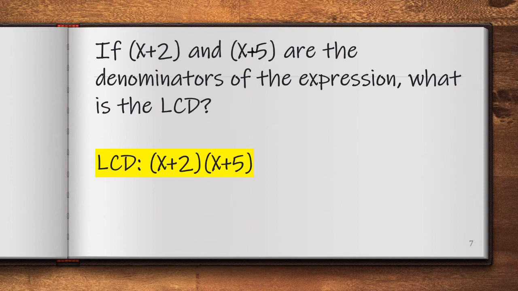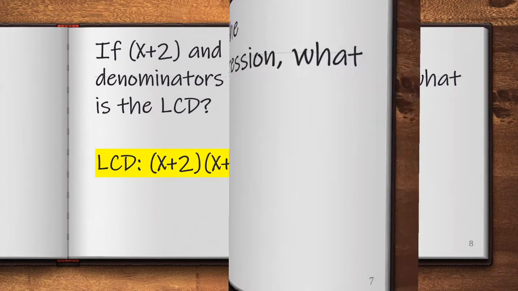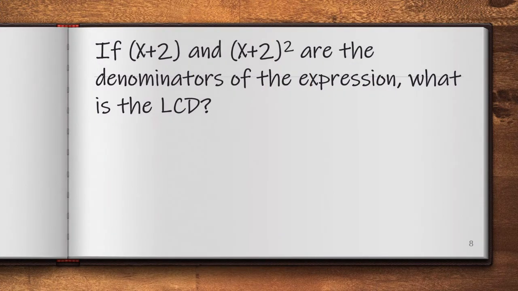How about if the binomial x plus 2 and the square of x plus 2 are the denominators of the expression? What is the LCD? The common factor is x plus 2 and the higher exponent is 2. We take the higher exponent, so the LCD is the square of the binomial x plus 2.